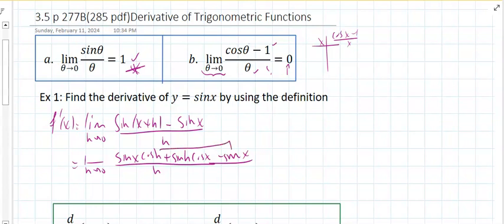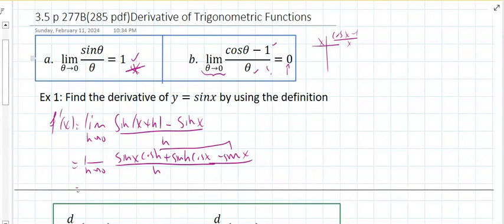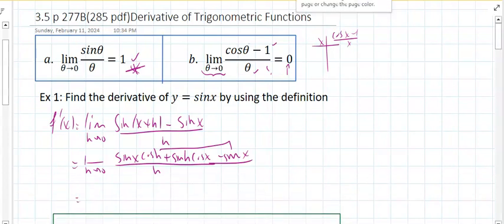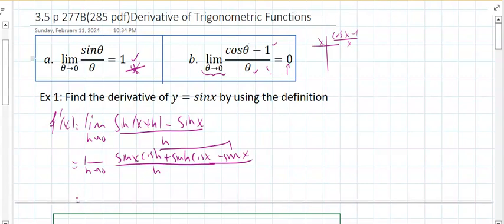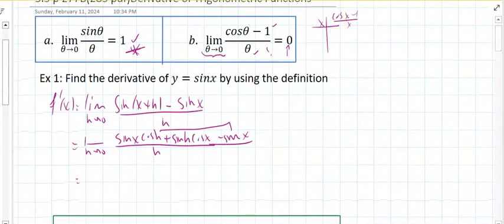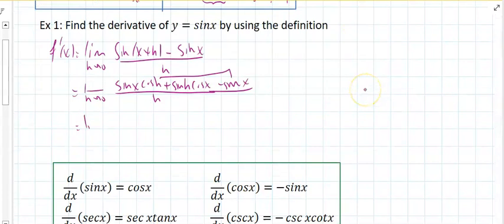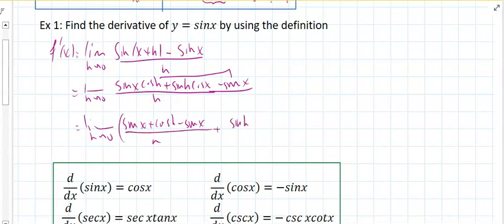Now if I get those two together and I split this up, I'll get the limit as h approaches 0. So if I combine those, the sine of x times cosine of h minus sine of x, all over h, plus the sine of h cosine of x over h.